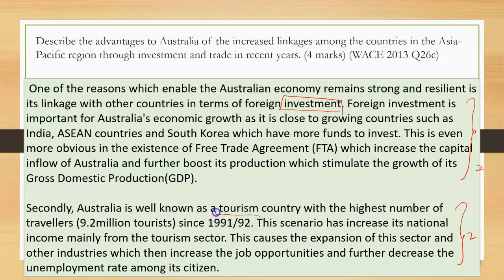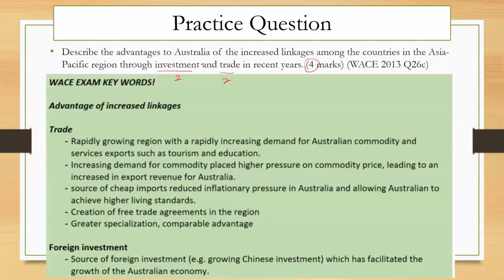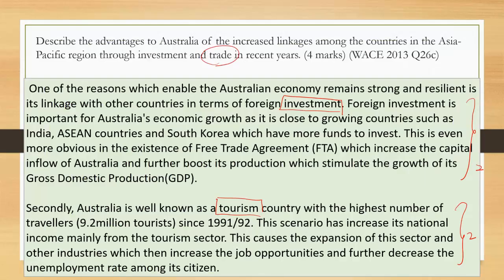Second paragraph, tourism. Of course I'm showing you tourism because the one for trade you can actually see here. Okay, so that's why I'm showing you investment, where the marking guide is very brief, and tourism, where it was not asked. Okay, so let me change this to tourism so it doesn't confuse you.